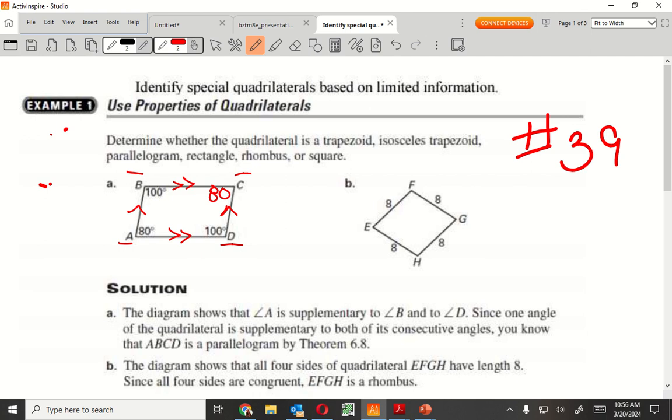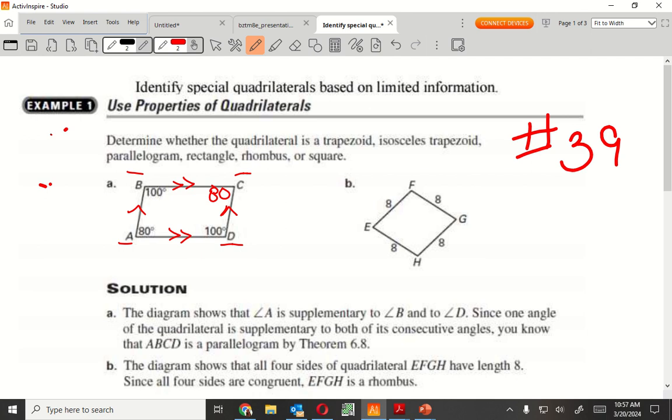If it's not a trapezoid, can it be an isosceles trapezoid? No, because it's not a trapezoid. Parallelogram, rectangle, rhombus, or square. Okay, what's a rhombus? Let's flip in the notes. What's it say for the rhombus? Okay, it's a quadrilateral with 4 congruent sides.